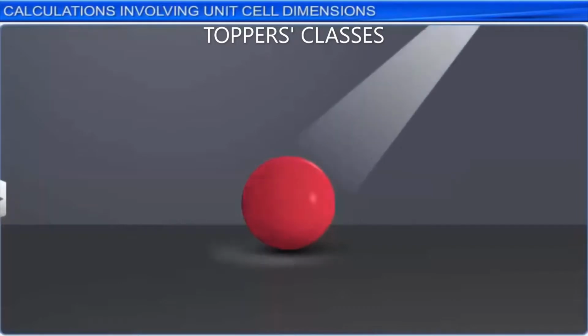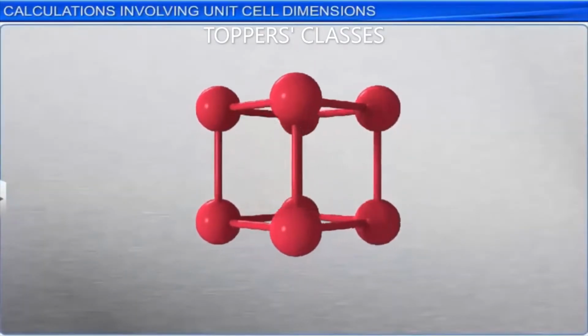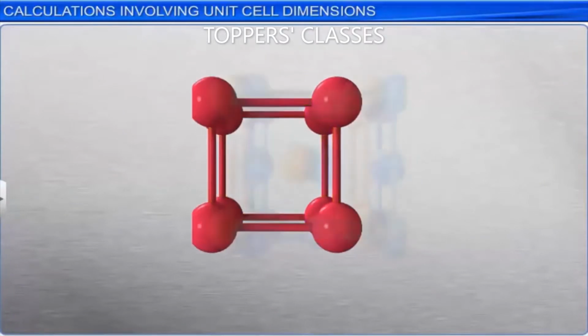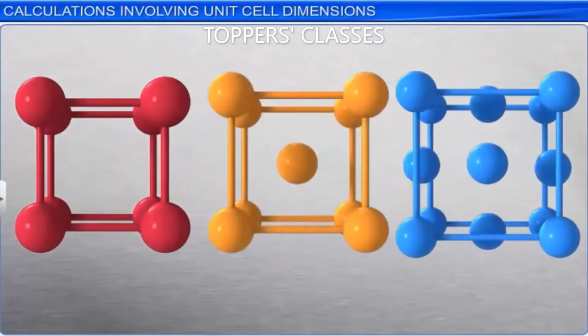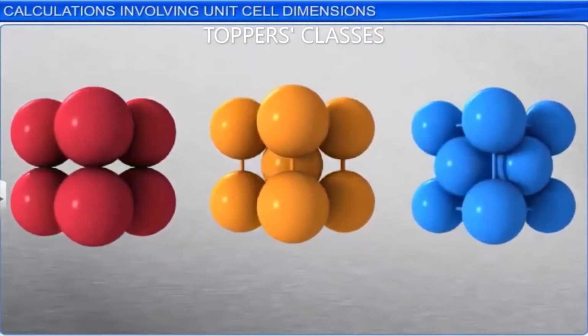By X-ray studies, we can determine the length of the edge of a cubic lattice. Knowing the type of crystal lattice that it has, we can determine the number of particles per unit cell.